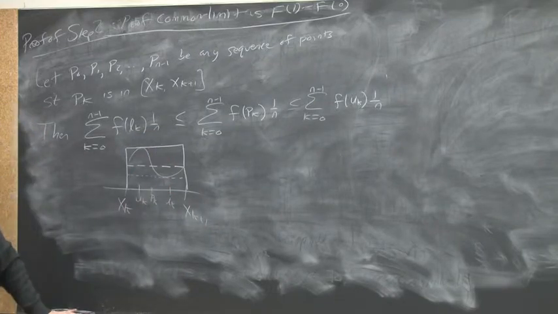So it has to be sandwiched in between. So all we have to do is find a good choice of p_k among all the infinitely many pieces to choose. Okay, so what are we going to apply now?